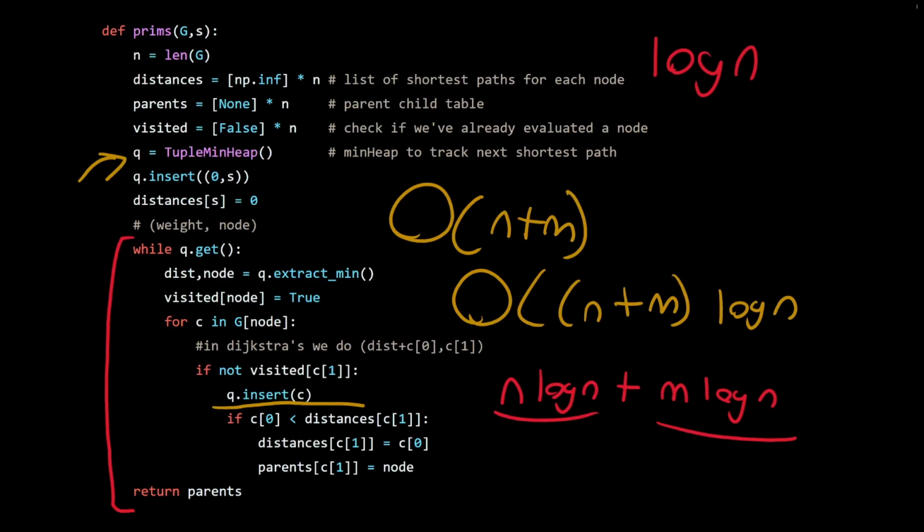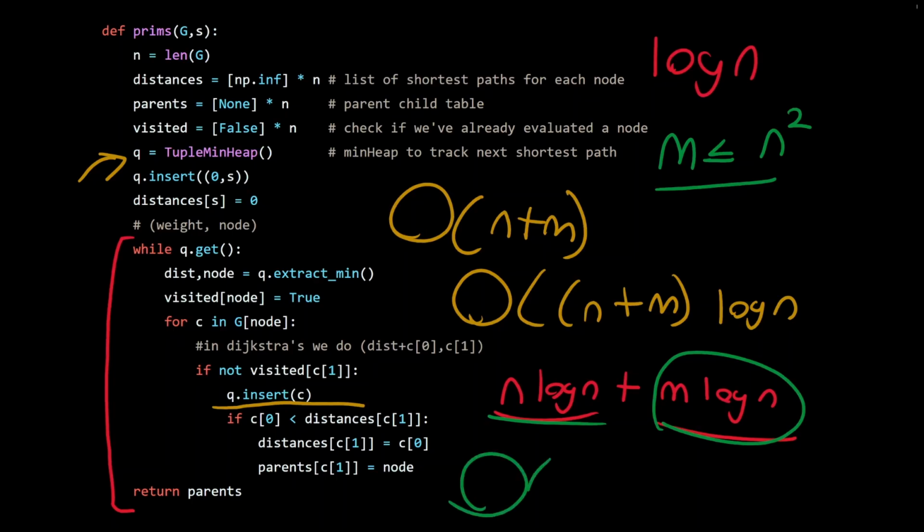Well, recall that m is less than or equal to n squared. This is if all nodes are connected to each other. So we're going to get n squared. So in reality, this portion is bigger than this portion. So in the end, our runtime is big O of m log n. And that is the runtime of Prim's algorithm, m log n.